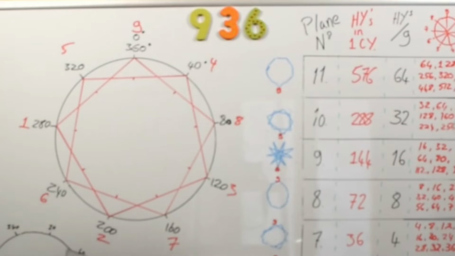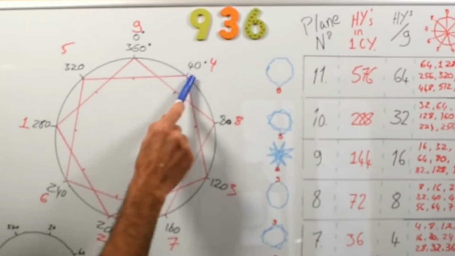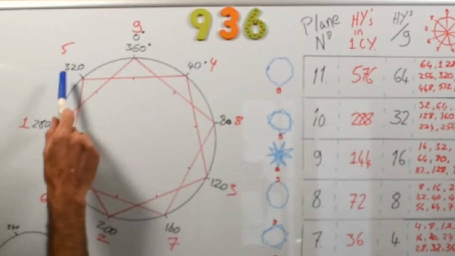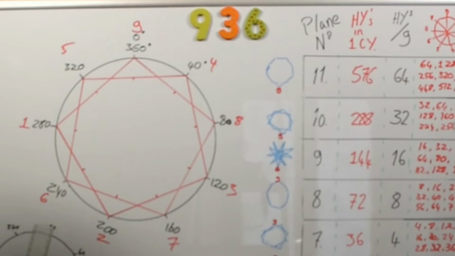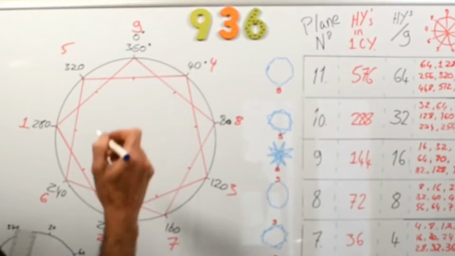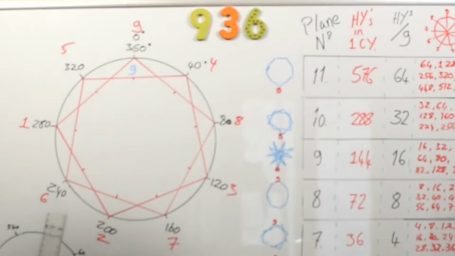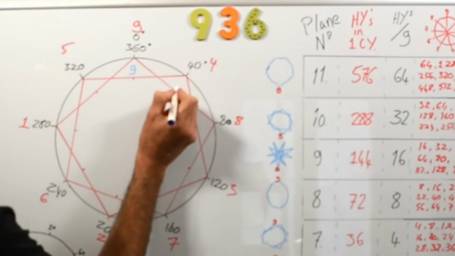So on this line, the midpoints are between 40 degrees and 320 degrees. So 40 plus 320 is 360, and 360 reduces down to give us a 9. 360 and 80, add them together, 440. 440, 4 plus 4 equals 8.